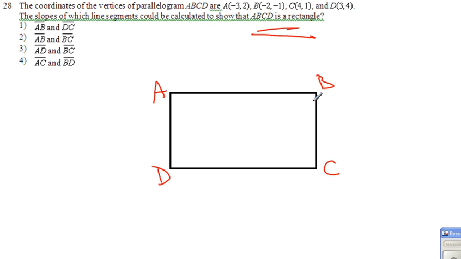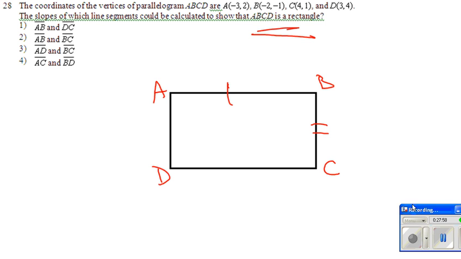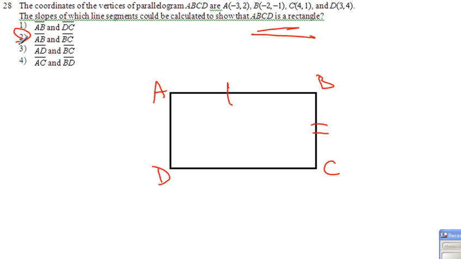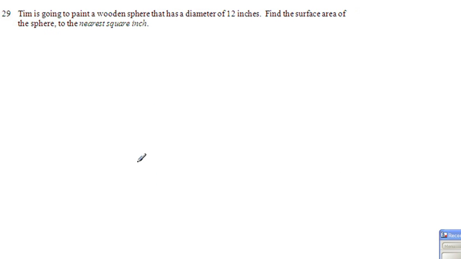AB and BC, that's one pair, will give us values that only we can get by having the right angle. So AB and BC are given right here. Choice number 2 would have been our answer.